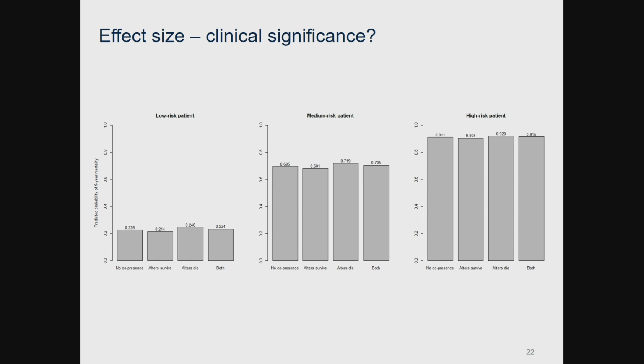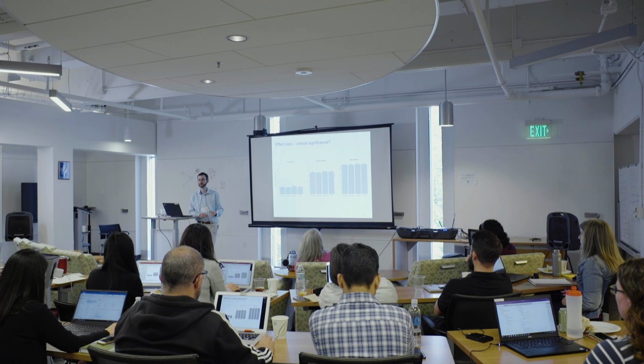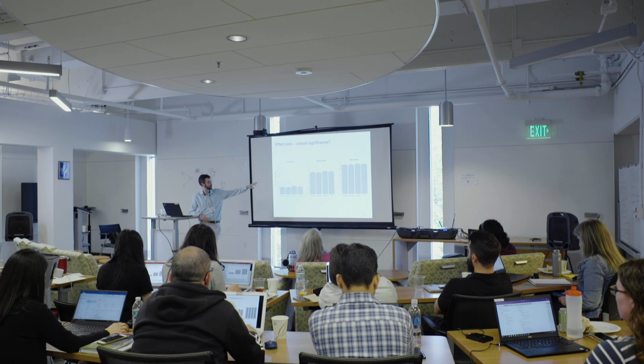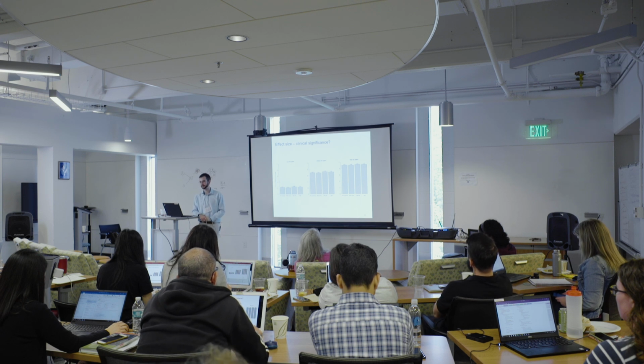The medium risk patient is about 70%, and the high risk patient's about 95% 5-year mortality. When you alter the amount of consistent co-presence each patient has, that number for the low and medium risk patients can alter by 1 to 2% versus just fractions of a percent for the high risk patient.